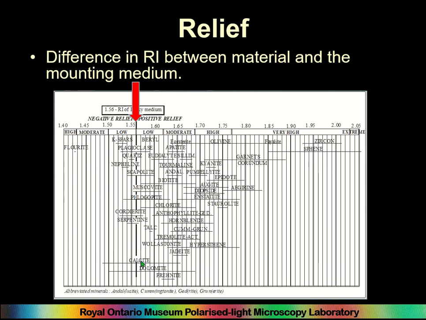When it's oriented to one axis, it may have no relief. But you rotate the stage, and the inclusion becomes at a different orientation to the polars. It may have moderate relief. And so this blinking on and off of relief is almost unique to the carbonate group, and a good way of identifying it.